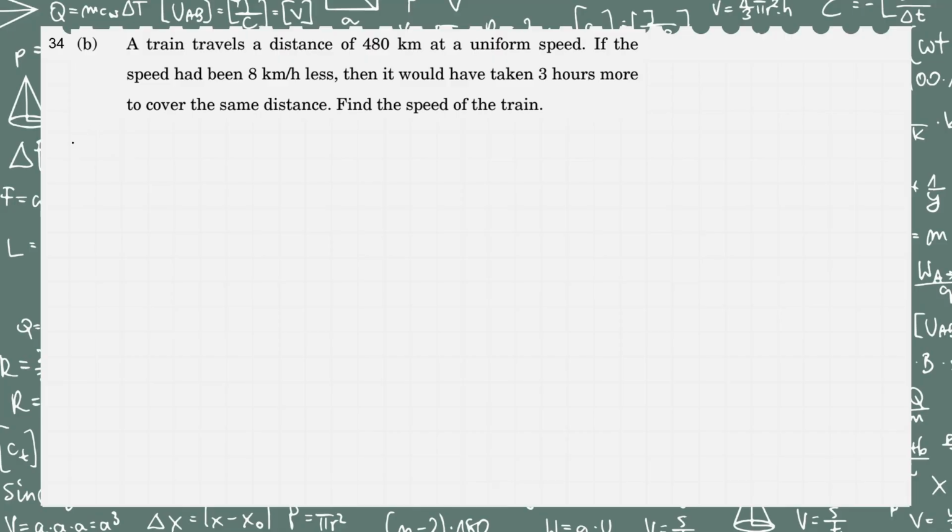Let us give the disclaimer as usual. Let the original speed of the train be x kilometers per hour.